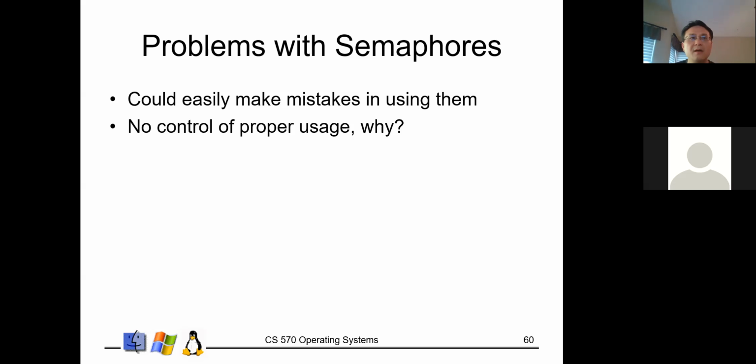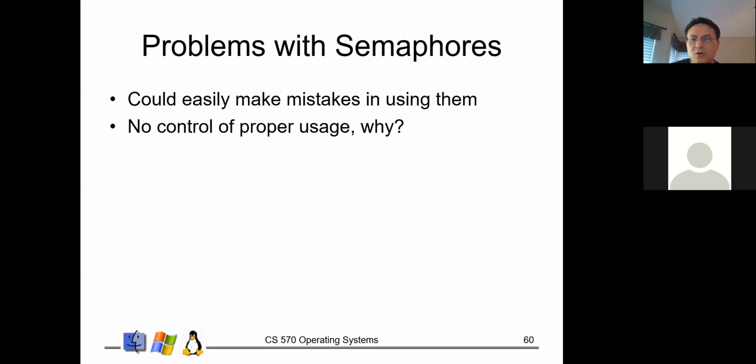Recall the problem we discussed in the producers-consumers implementation using semaphores. If we switch the order of the wait operation on the mutex and the wait operation on the buffer availability semaphore, we could end up with deadlocks.